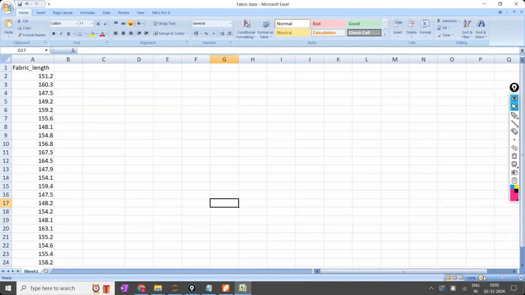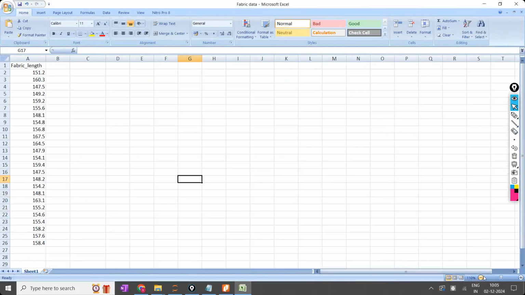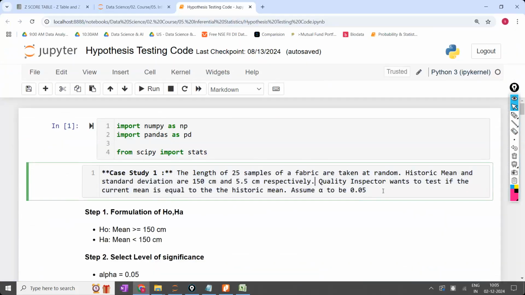First fabric he has selected, he has measured 151.2. He can't measure all the fabrics in the shop. Everything he can't measure, so he is going to select any 25 samples randomly, and for everything he has measured. Now, after measuring this, what is the question?